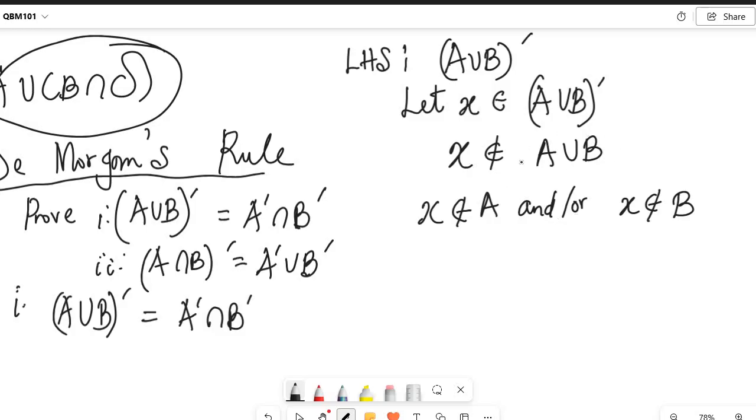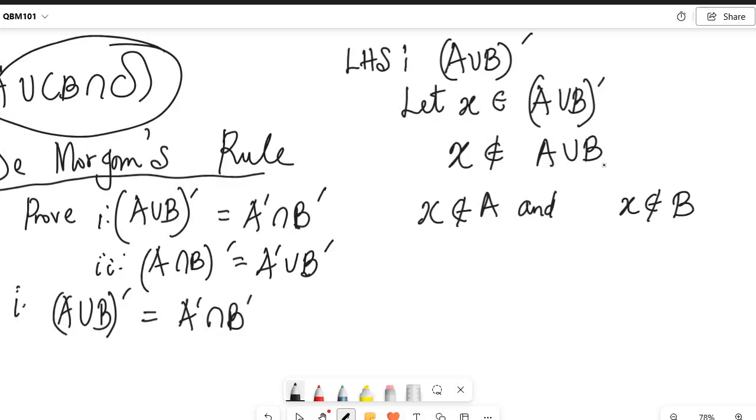If X is not an element of the union of 2 sets, you agree with me that X cannot be an element of A and also cannot be an element of B. Remember that we said that union means bringing two sets together irrespective of what they have in common.